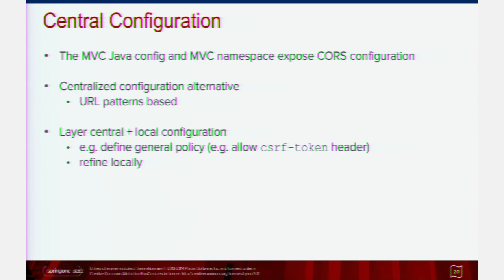Again, that's somewhat comparable to the filter solutions, but it's inside Spring MVC. But what's interesting here is that because it's in Spring MVC, you can layer it with the CrossOrigin annotation. So we will look at the central configuration first, and then also the controller local configuration, combine the two, and then decide what's the actual resulting configuration.